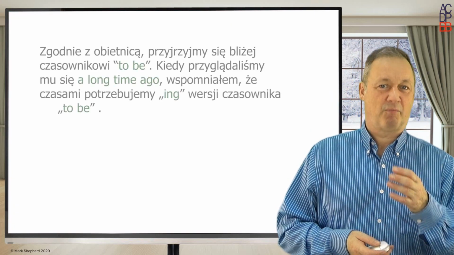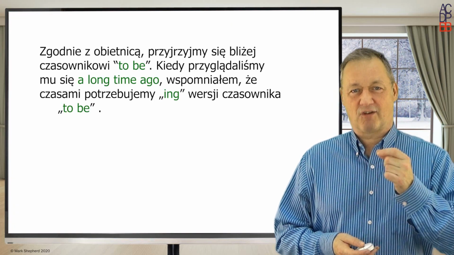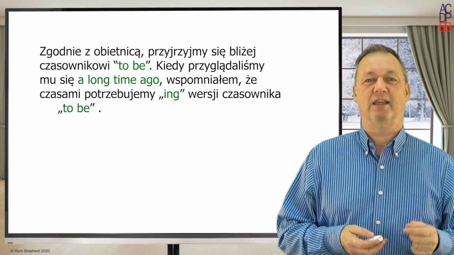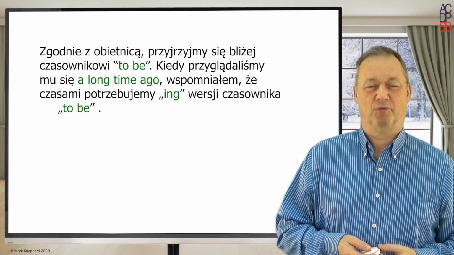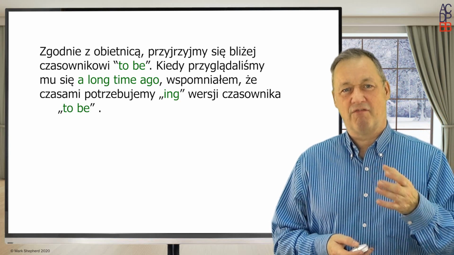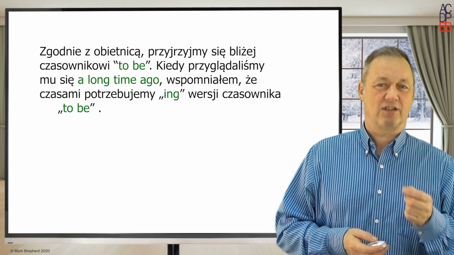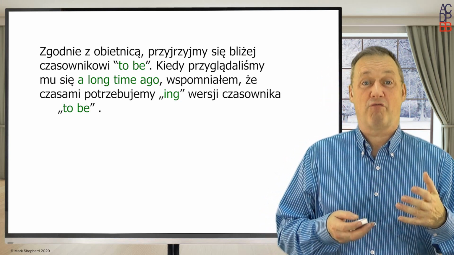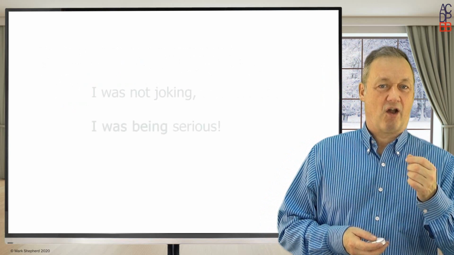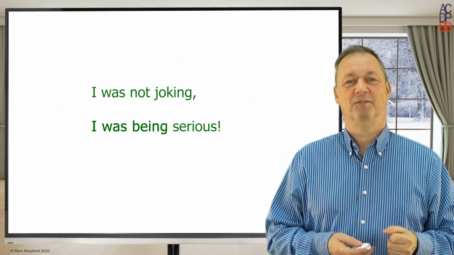So, as promised, let's look a little more closely at to be. Now, when we looked at it, a long time ago, I mentioned very briefly that sometimes we need to use the ing form of to be. I was not joking.